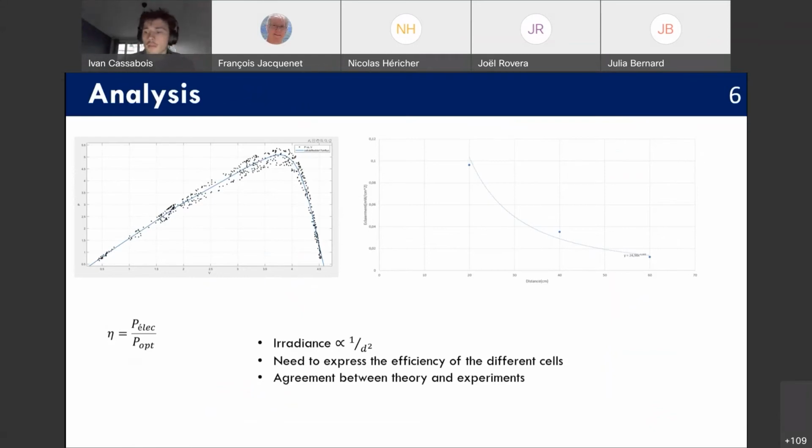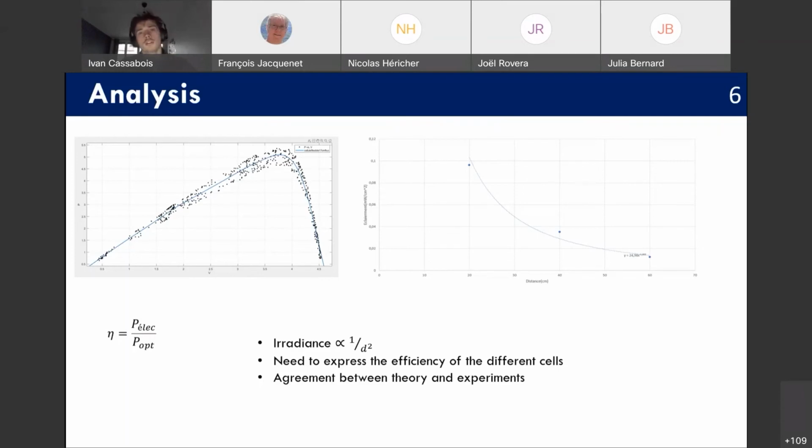We used different tools on MATLAB to make an average power in order to assess the efficiency of PV cells, and afterwards keep the best conditions for the user in order to have the greatest efficiency. And on the right, you can see an agreement between theory and experiments that the irradiance is proportional to 1 divided by d squared, d being the distance from the source to the cell.